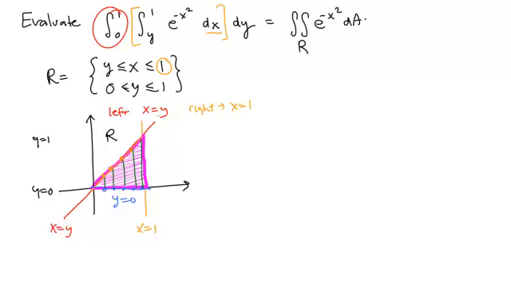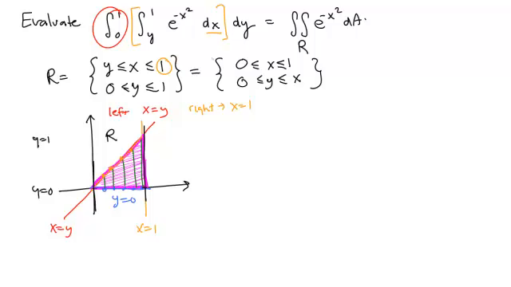So this region right here, which we originally described as being horizontally simple, can also be described as being vertically simple. To be vertically simple, we'd have to have a top curve. Well, the top curve is going to be y equals x, and a bottom curve y equals 0. The x values will go from x equals 0 on the left-hand side to x equals 1 on the right-hand side.